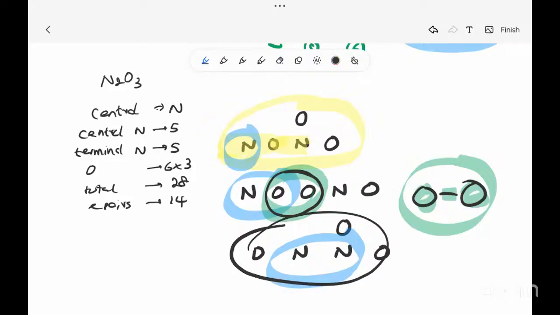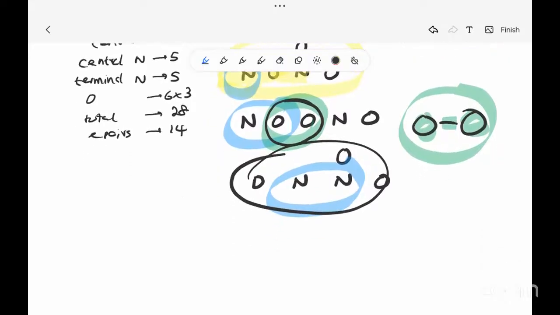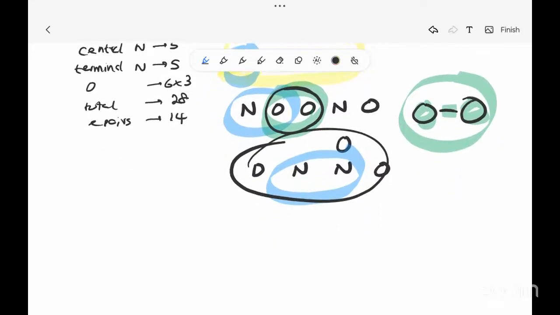Now let's consider the third element placement. So here we have oxygen, nitrogen, nitrogen, oxygen, and oxygen. So we have 14 electron pairs, right? We will place bond pairs first. So we have consumed 4 here.